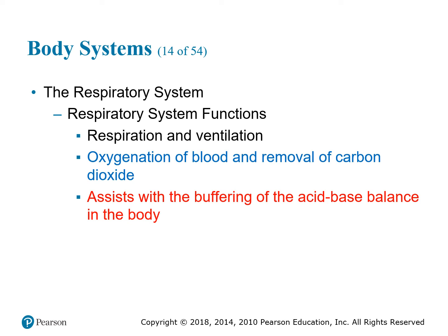If we go out of that baseline, the body tries to compensate. Sometimes it can do it, and we're considered compensating if we can maintain 7.35 to 7.45. But if we're outside of that, then we're decompensating. Getting a little deeper than we need to, but I just want you to have an understanding of how the respiratory system works to help us.